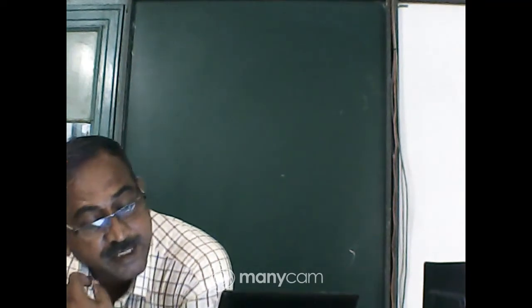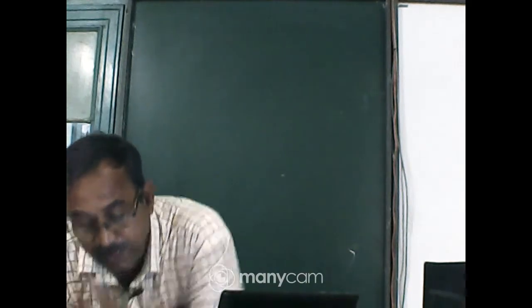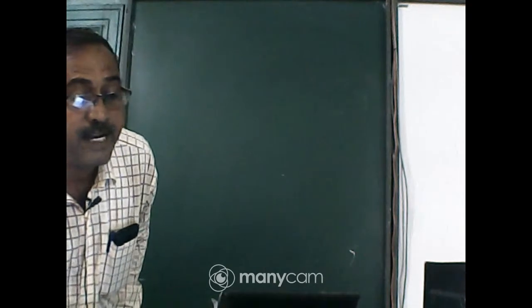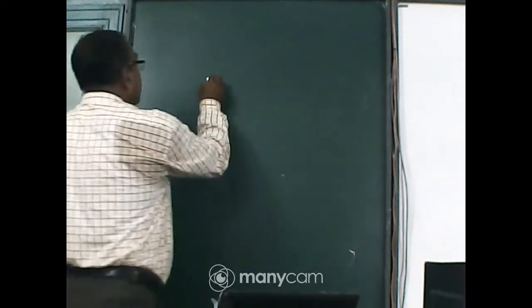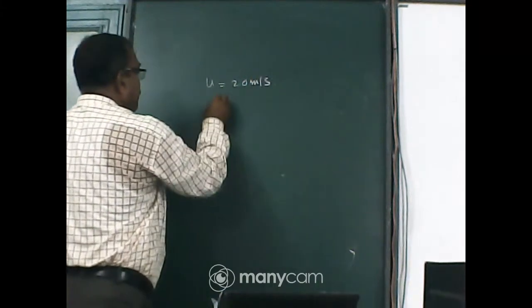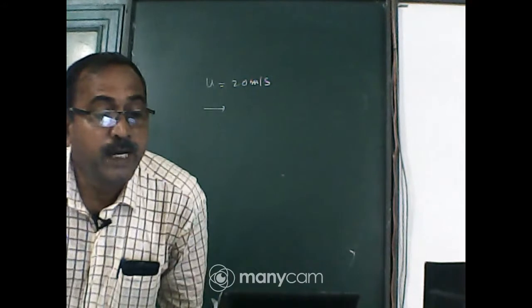Wait, Ridhita, this is the question. Is it clear? One car is traveling at 20 meter per second along a road.